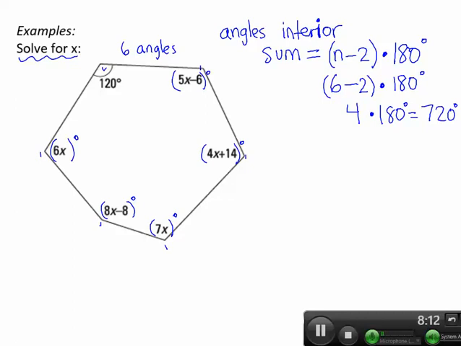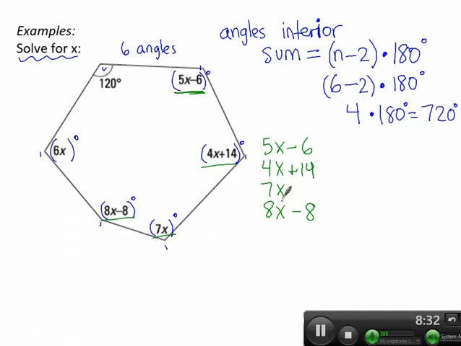So I'm going to take each one and add them up. 5x minus 6. Next, 4x plus 14. Now there are a lot, so I'm going to mark them as I go. 7x, 8x minus 8.